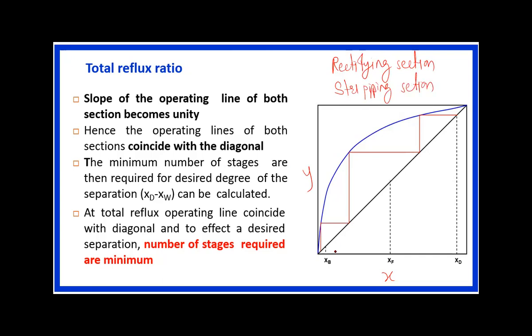And we have to use the q line or feed line. So with the help of these three lines, we can calculate the number of stages required for that particular condition.